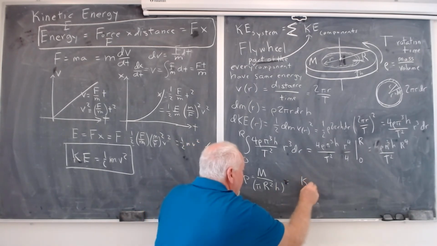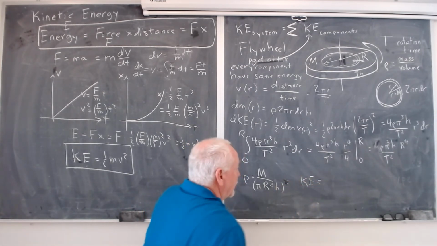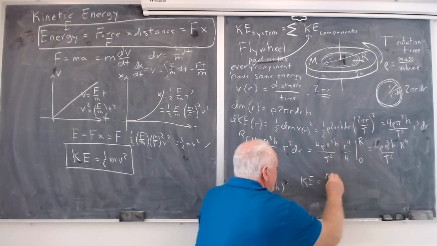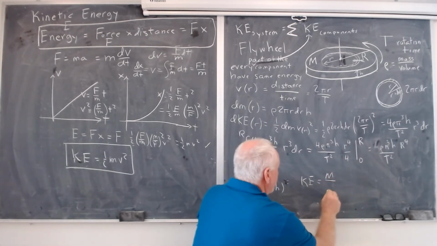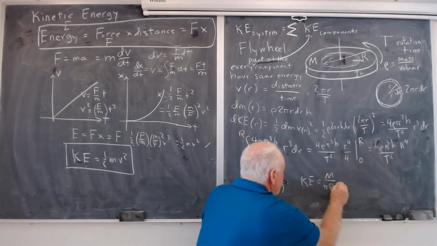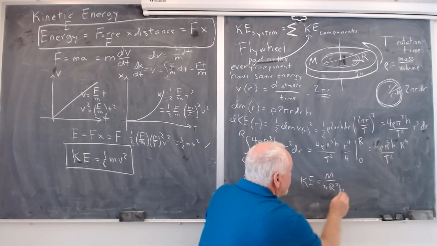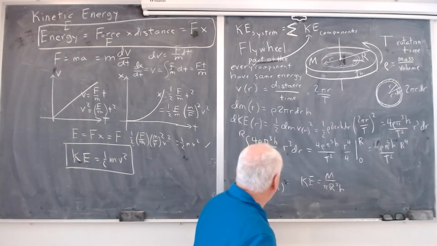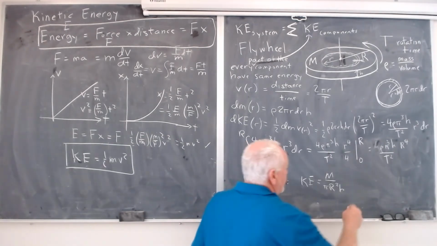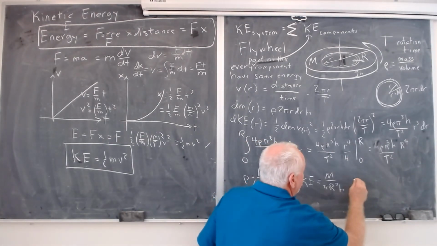And so the kinetic energy we could also write as m over pi R squared h times R to the 4th over t squared.